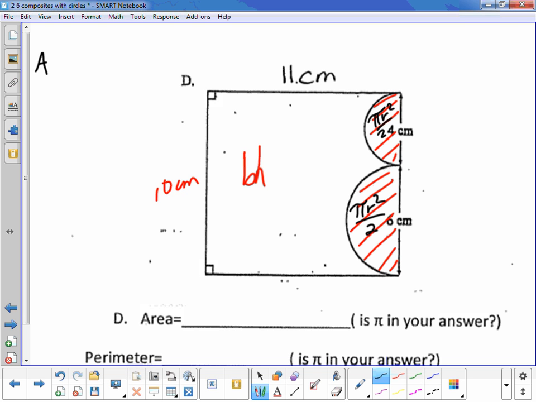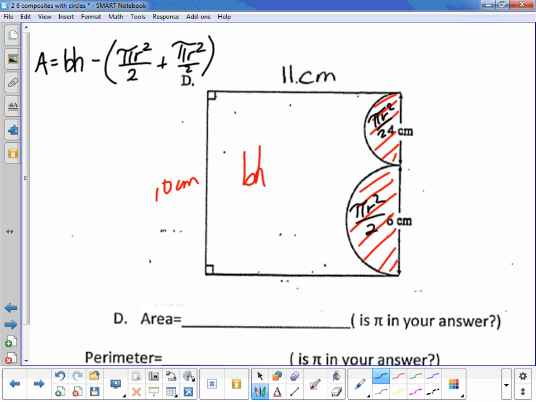So area equals base times height minus. Now what I'd probably do is calculate the 2 half circle areas, add them together, and then subtract that from the area of the rectangle. So to show that, I need to include some parentheses and say pi r squared divided by 2 plus pi r squared divided by 2, because order of operations applies here.